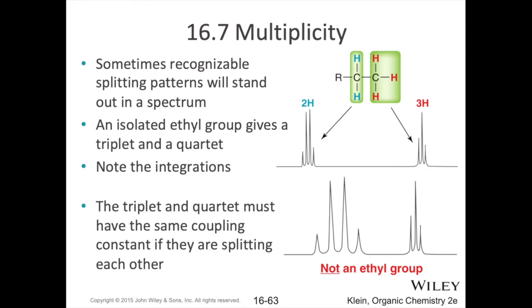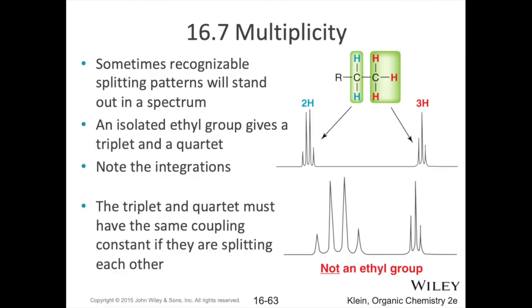Let's look at an example here with an ethyl group. So we know that this set of hydrogens here are going to split these hydrogens here and vice versa, right? Well, that means that their coupling constants, those J values, have to be the same. If there was another triplet here, or another quartet, actually, this is probably a good example here. If these values are different, as we can see in this example here, that tells us that this set of the protons that are causing this signal are not splitting the protons causing this signal, and vice versa.